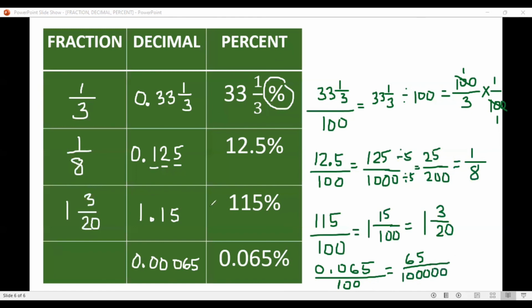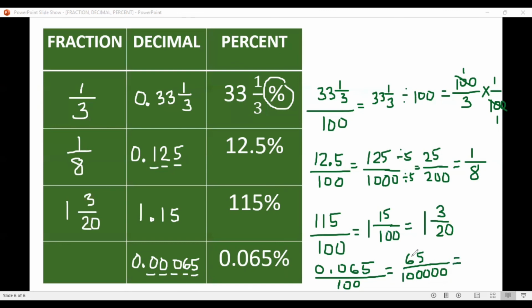Now, if you are going to look into the problem here, wherein you have the decimal equivalent, place value: tens, hundreds, thousands, ten thousands, and then hundred thousands. So we have 65 over 100,000. Now, check on this. There is only one number that can divide them, and obviously that is 5.